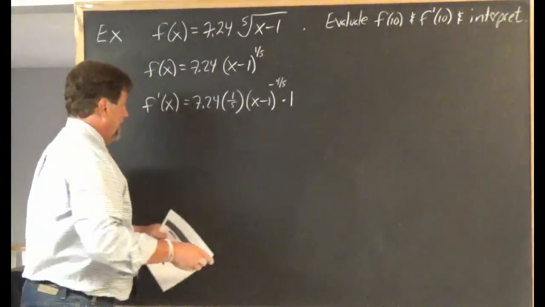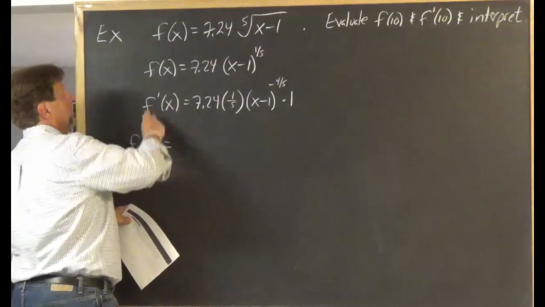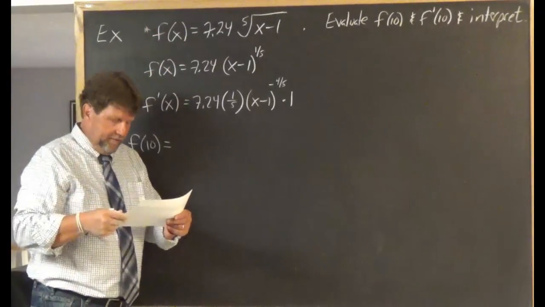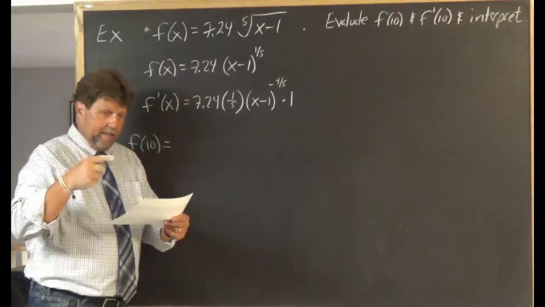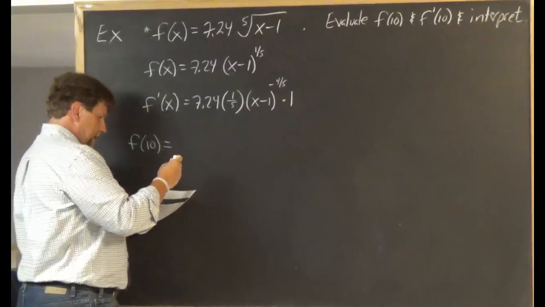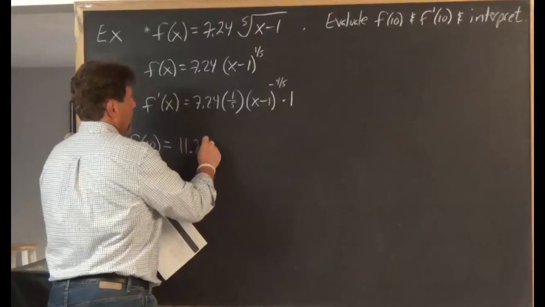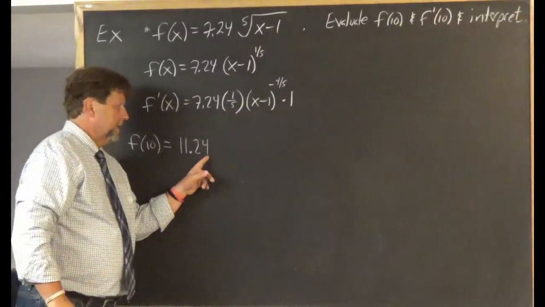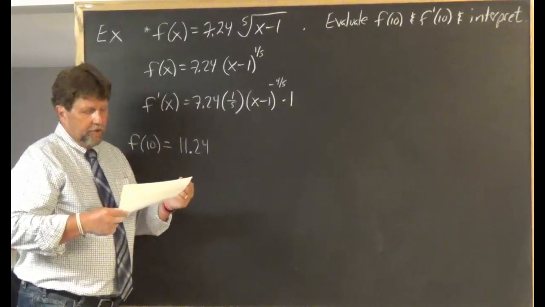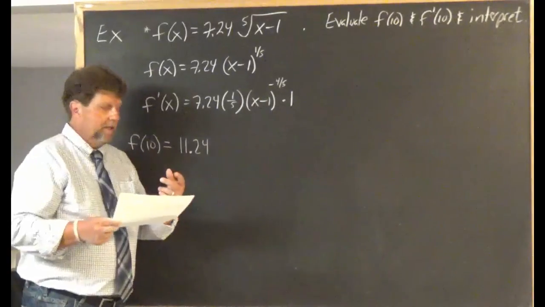Evaluate f of 10. So let's see. F of 10. So here's my function. So I'm going to evaluate f of 10. So I put 10 in for the x, and when I use my calculator, I get 11.24. And I went ahead and rounded that to the second decimal place. So let's interpret. What does this mean? Well, x was the number of years since 2000.